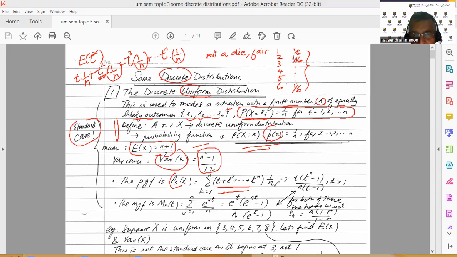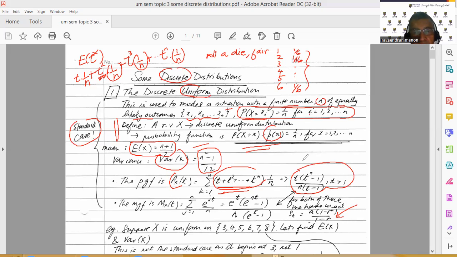Then what happens? This one here, you can use the sum to n terms of a geometric series. I've written the formula here, a times 1 minus r to the power of n over 1 minus r, and then you can arrive at this formula, okay?